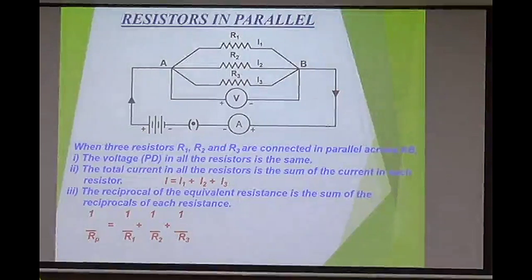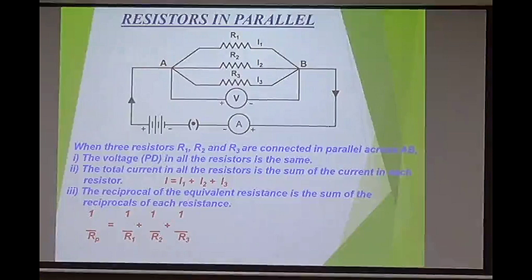Since they are in direct contact, the potential across R1, R2, R3 will remain same. But the current has options. Current can go through R1 also, R2 also, R3 also. And since current can go through any of these three, the current will get divided. Therefore, the net current capital I will be equal to I1 plus I2 plus I3.